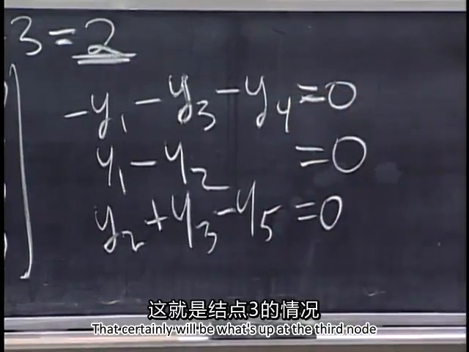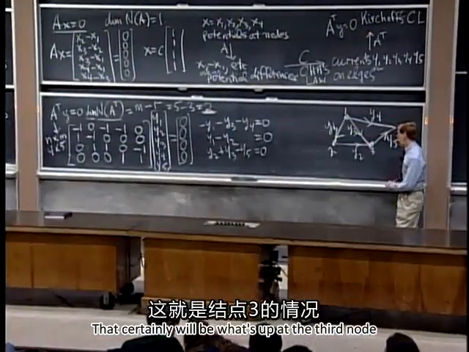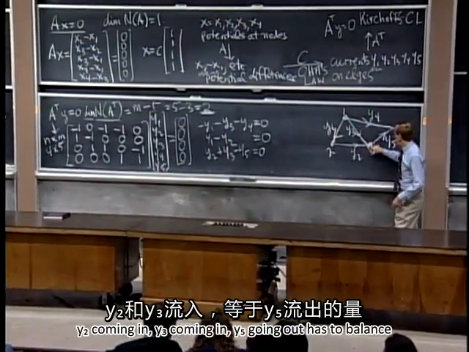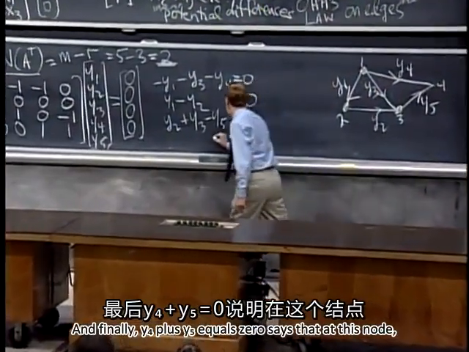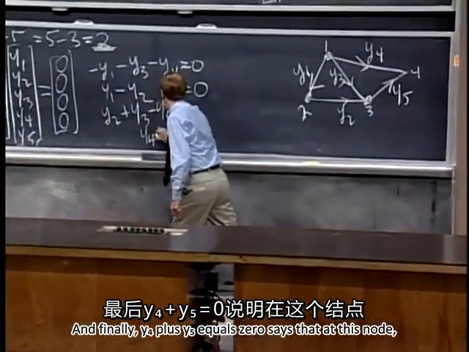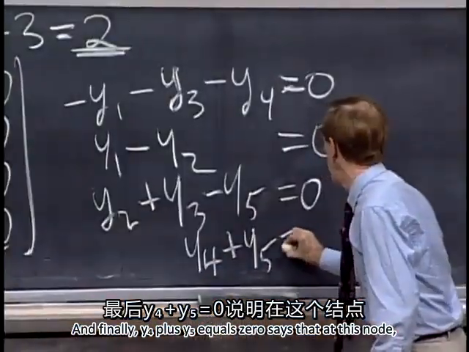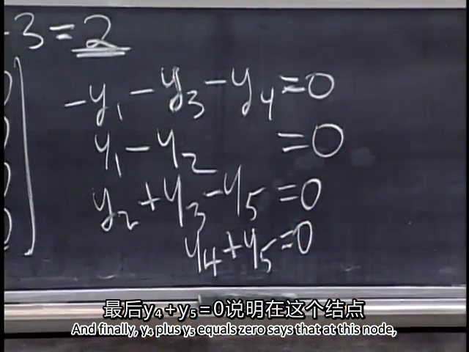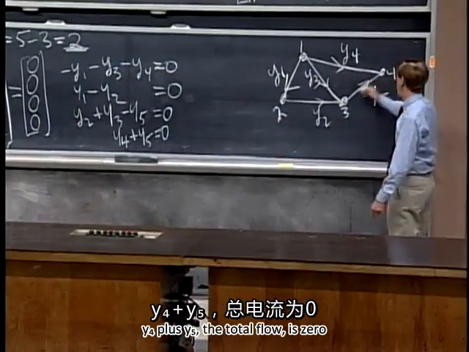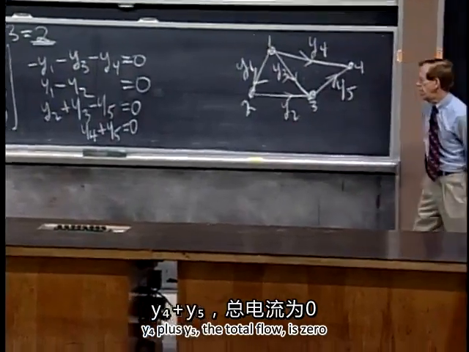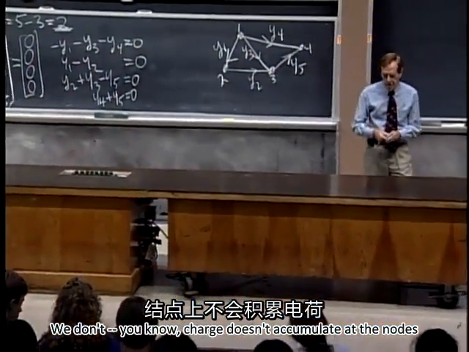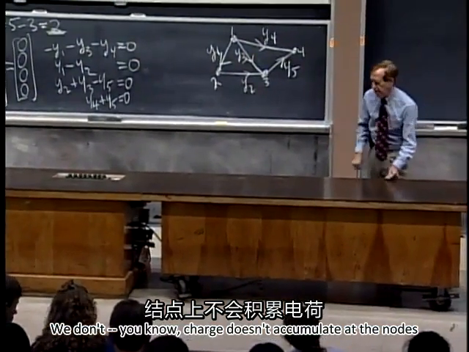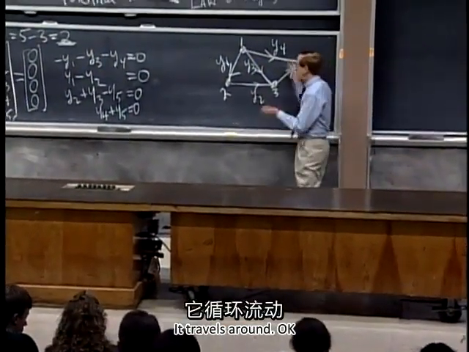That's certainly what's up at the third node: Y2 coming in, Y3 coming in, Y5 going out, has to balance. And finally, Y4 plus Y5 equals 0 says that at this node the total flow is 0. Charge doesn't accumulate at the nodes. It travels around.